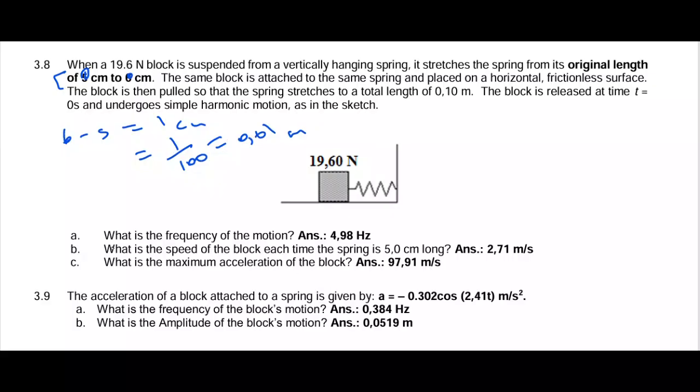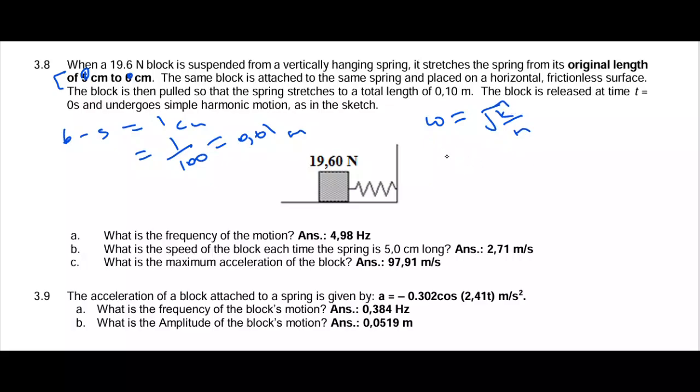So from that point, you are required to calculate the frequency. Remember, we need to find the mass, and the angular velocity is the root of k divided by mass. So first you find the k.